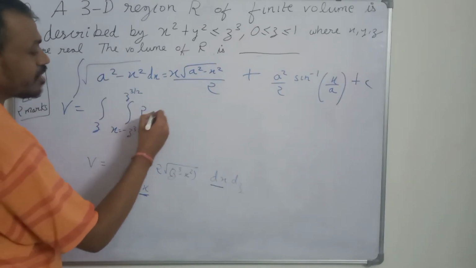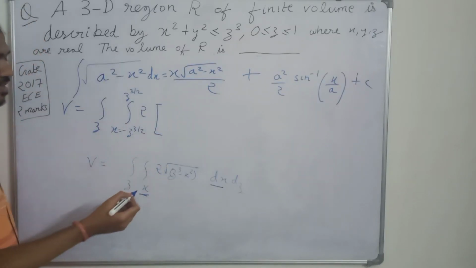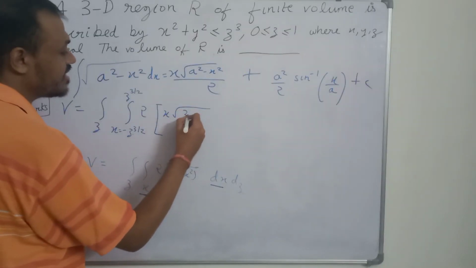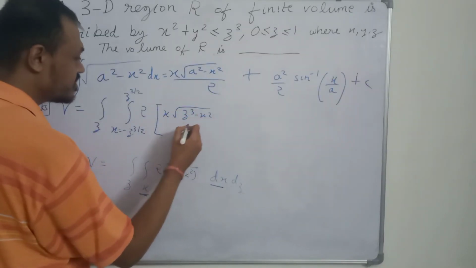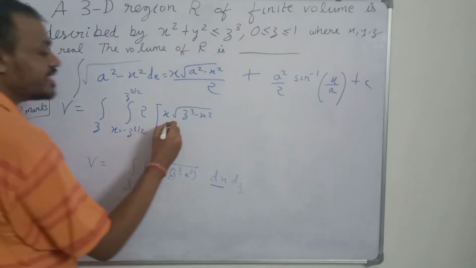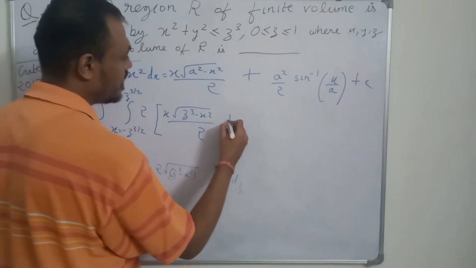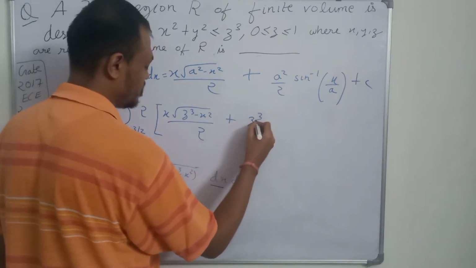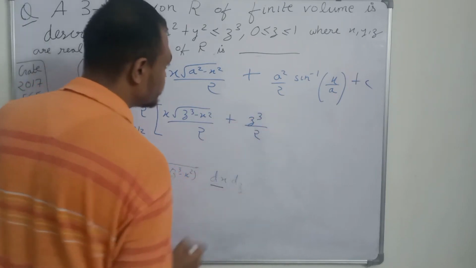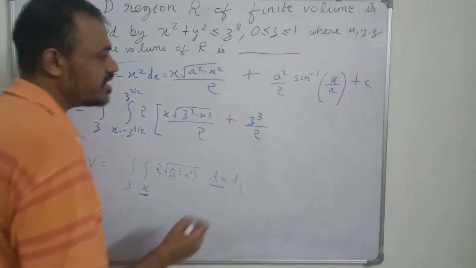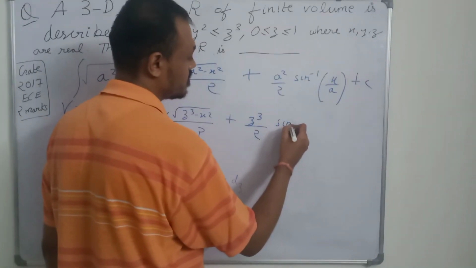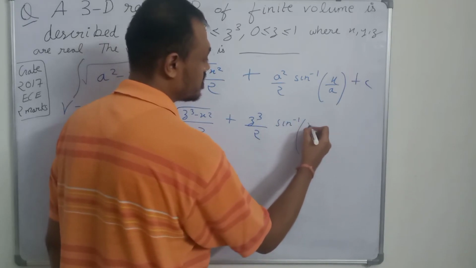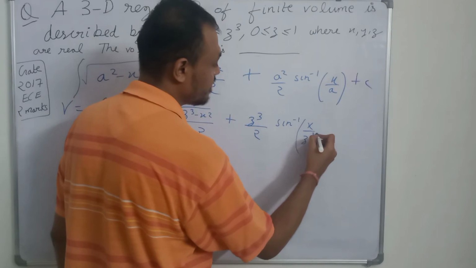This will be equal to x under root of z cube minus x square by 2 plus, since a square is z cube, z cube by 2 sine inverse of x upon z to power 3 by 2.